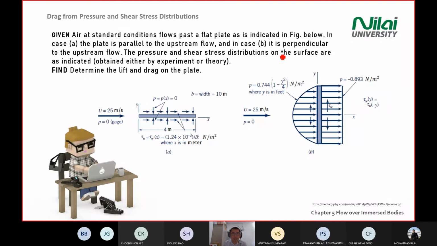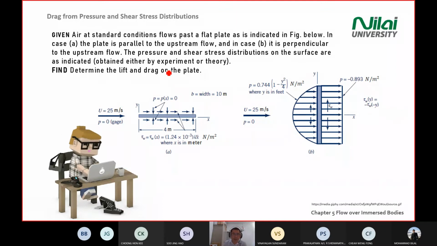The pressure and shear stress distribution on the surface are given: the pressure component and shear stress component, and on the right here you also have pressure, front and back, and shear stress, front and back. The definition is given here.